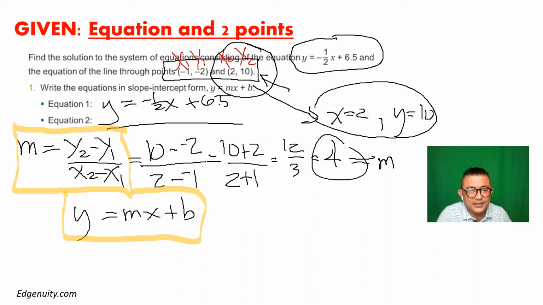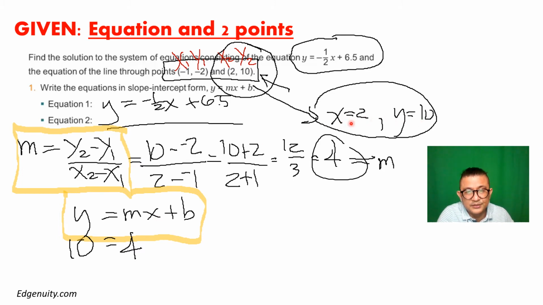So check this out. Y, it starts with a y. Where do I get the value for y? I'm going to use 10. I need a value of m. Where do I get m? From there, we already solved for the m, right? So let's substitute the value of 4. Next, I need an x. Where do I get the x?